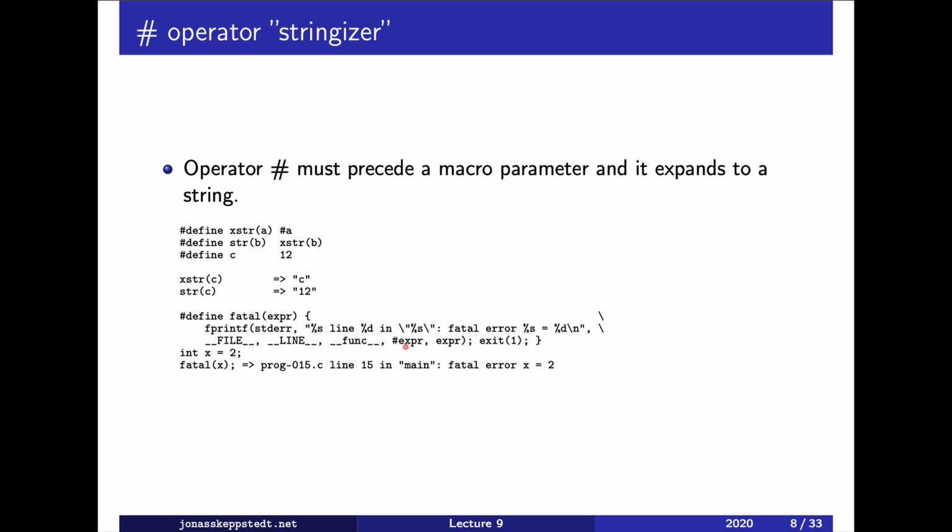Now we want the identifier here, so we use the stringizer operator for this, and then we get out the x, and then we use just the expression, the parameter here, and it will contain 2, and we print it, and then we exit 1. Exit terminates the program, and exit 1 indicates an error, and exit 0 indicates success.